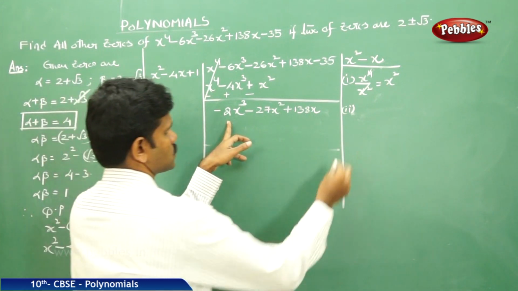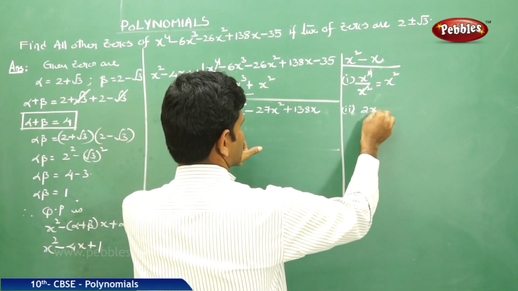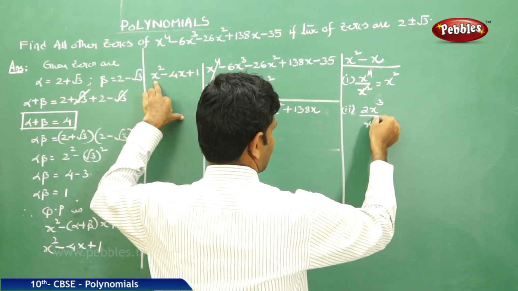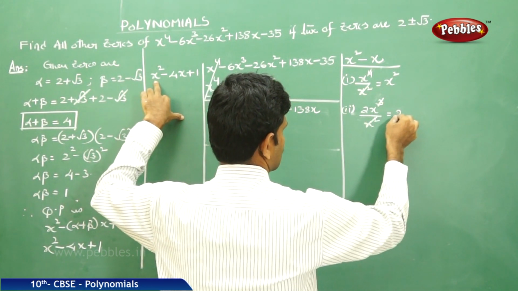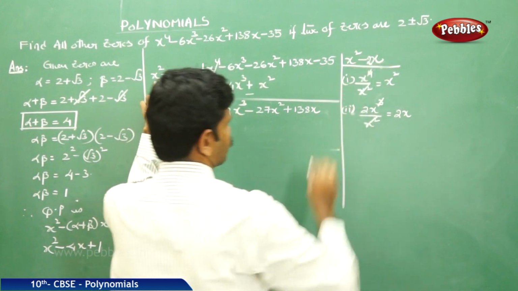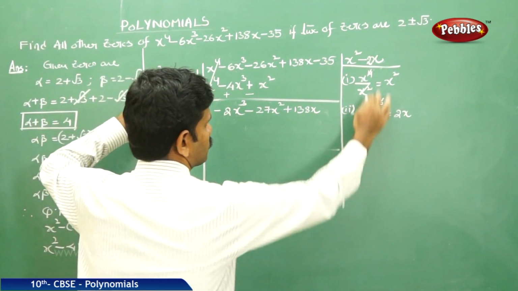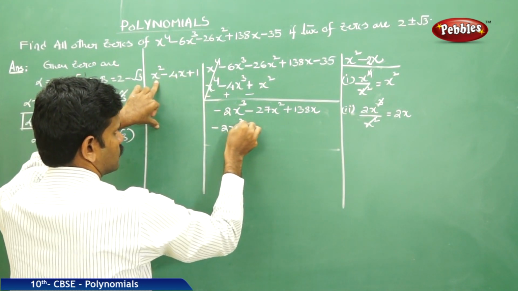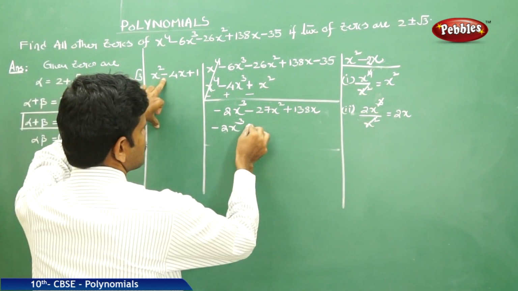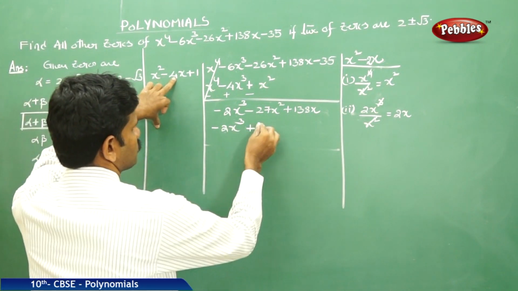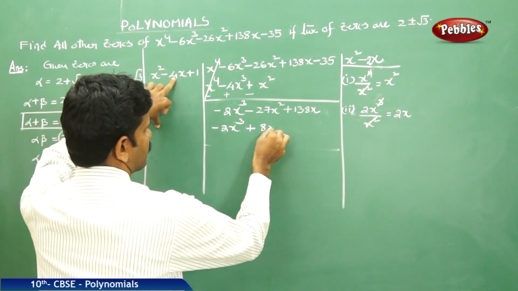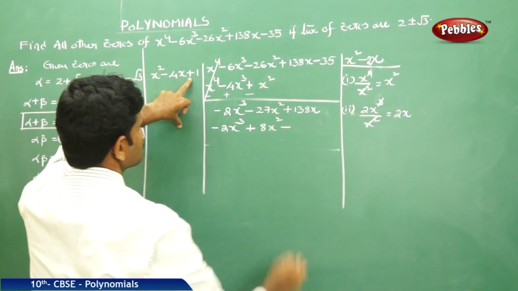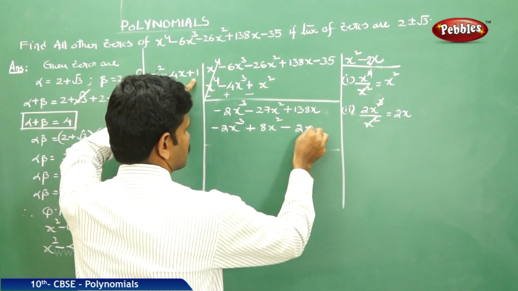Now second cancellation, 2x cube by x square. X square cube cancel, that is 2x. Now with this 2x multiply the total. 2x into x square is 2x cube, minus into minus plus 2x into 4, 2 4s are 8x square, minus into plus minus 2x.